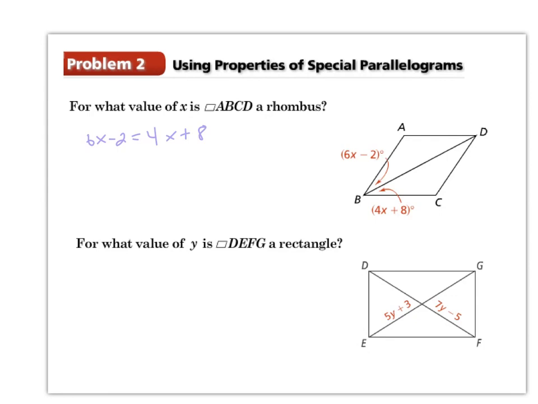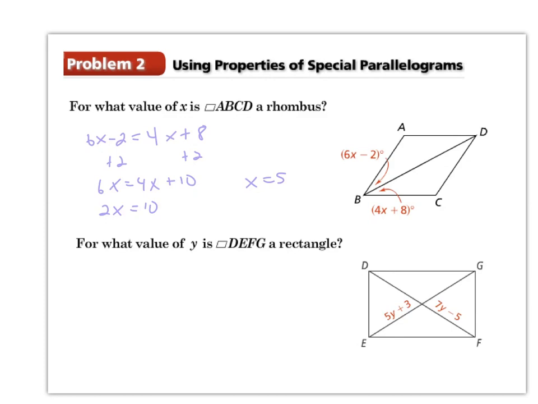All right, so we'll add 2 to both sides. 6x equals 4x plus 10. Subtract 4x. 2x equals 10. Divide by 2. So the value of x that would make this a rhombus is 5, because 5 is the value that would make both of these angles equal here.